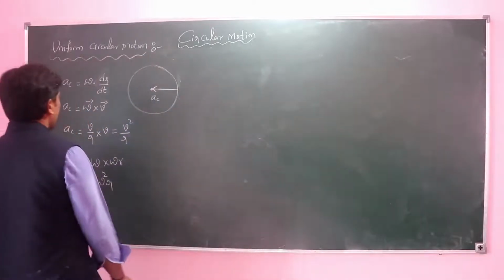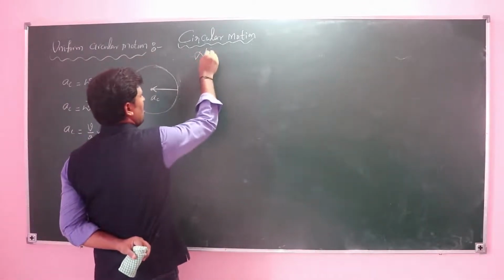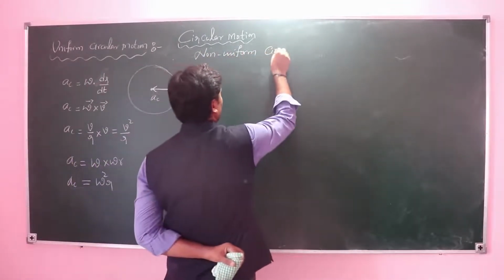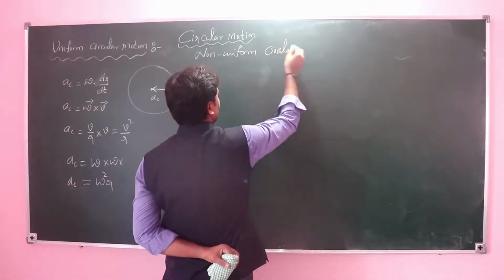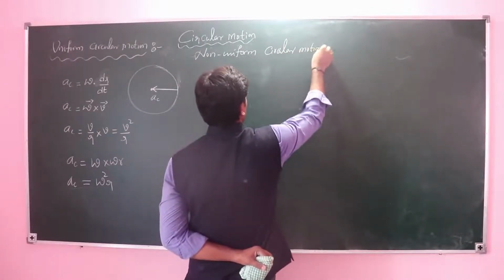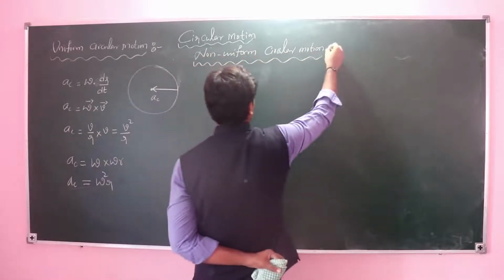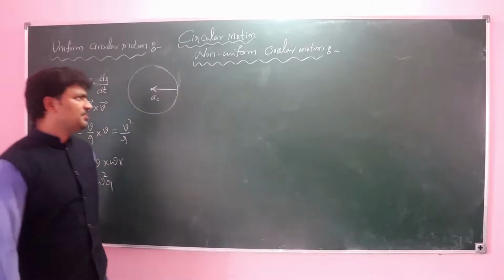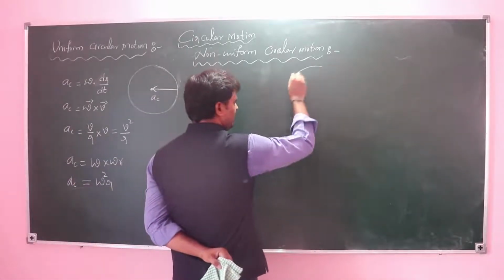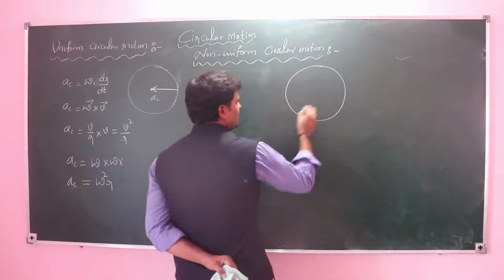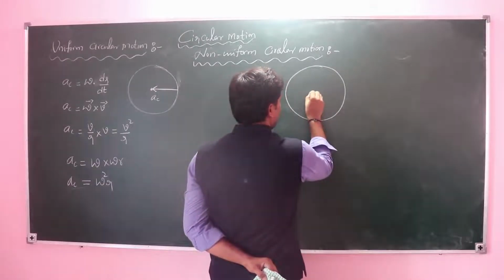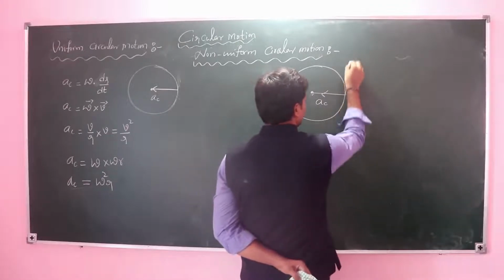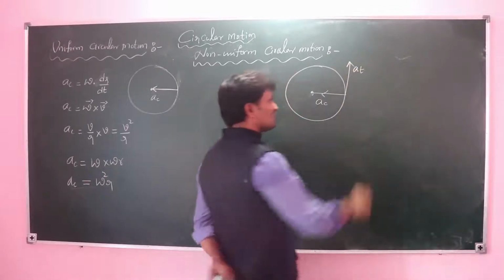And now comes non-uniform circular motion. What is non-uniform circular motion? Non-uniform circular motion means the particle is moving along the circular path with variable speed. When the particle is moving with variable speed, what is happening? See here. One acceleration is acting towards the center, that is centripetal acceleration. The acceleration acting along the tangent is called tangential acceleration.